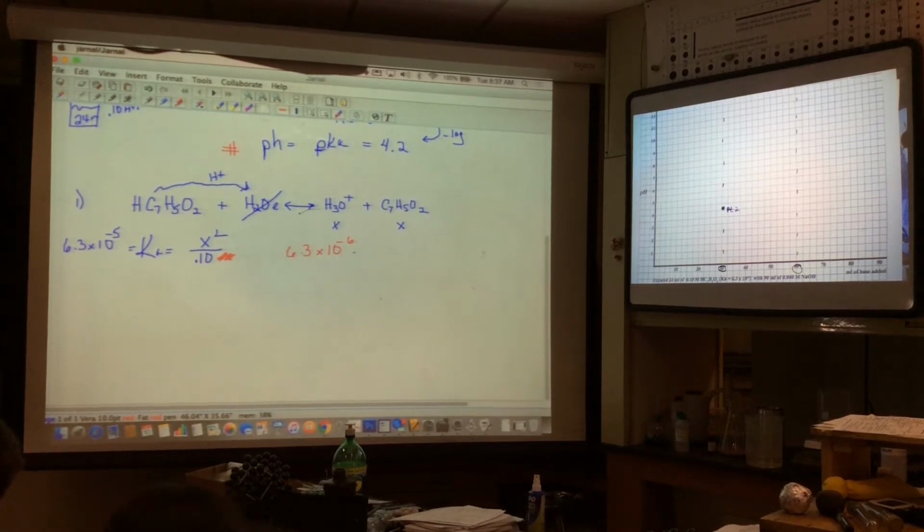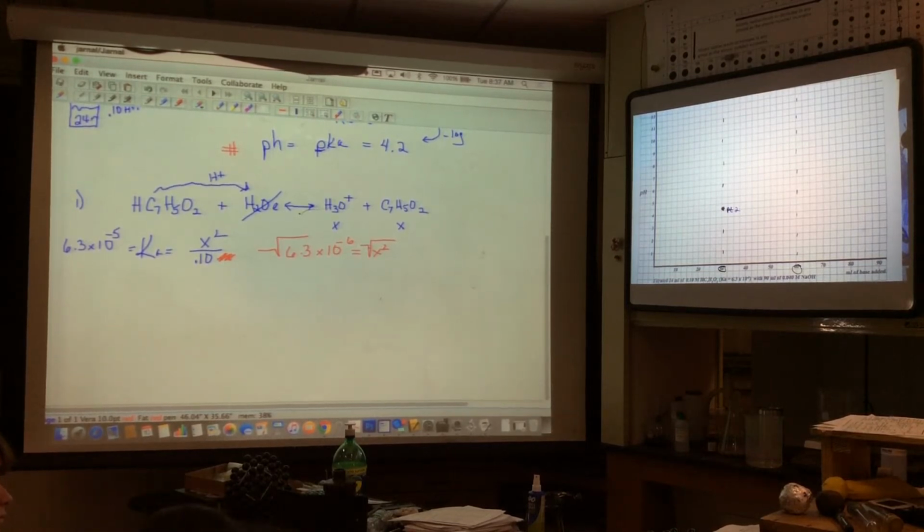Okay, so that's equal to my x squared, and of course I square root both sides. How many times have we done this, guys? It's coming over and over again. And this is the classic formula for acid-base equilibrium problems, because one acid gives off one H for one conjugate base always. Even if it's a diprotic acid, we always deal with the acids individually. Learn about that in the next step. So, square root of that.